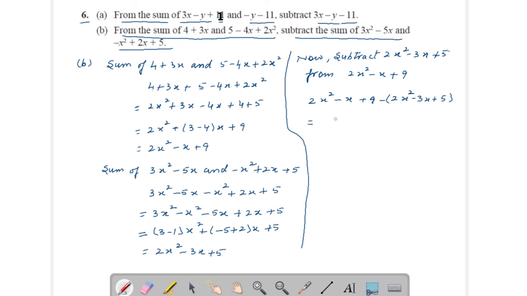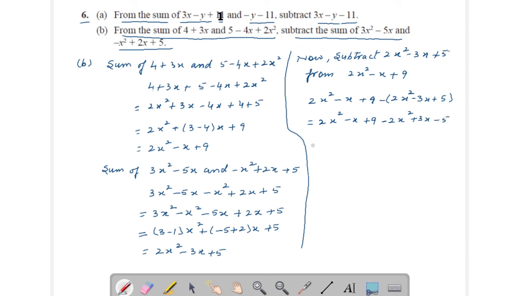Now open the bracket, it is 2x square minus x plus 9. Here before bracket there is minus sign, the sign will be changed. It is minus 2x square plus 3x minus 5.